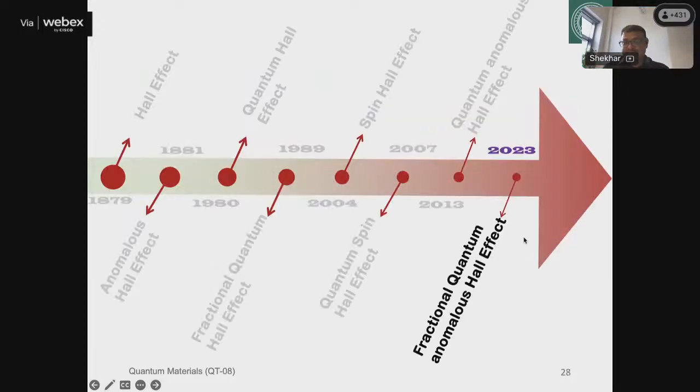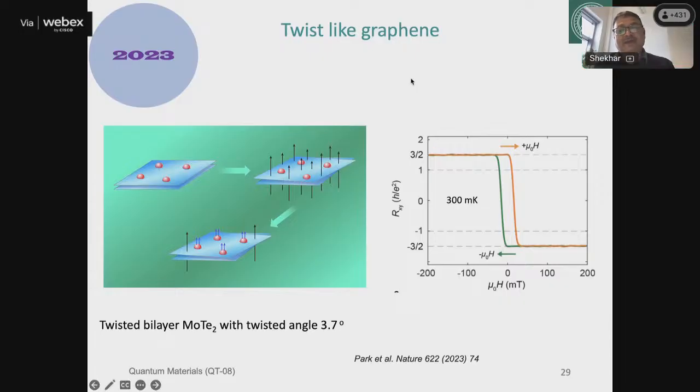The last one is again the fractional quantum anomalous Hall effect. Now the anomalous Hall is going to fractionalize. As we know, in twisted bilayer graphene, the design has a twist angle of 3.5 degrees.